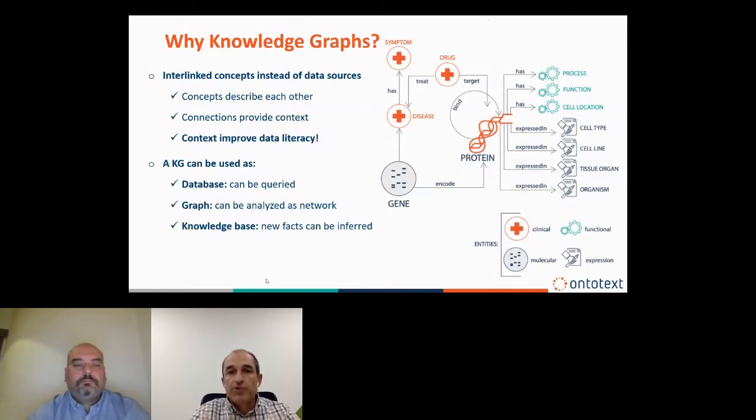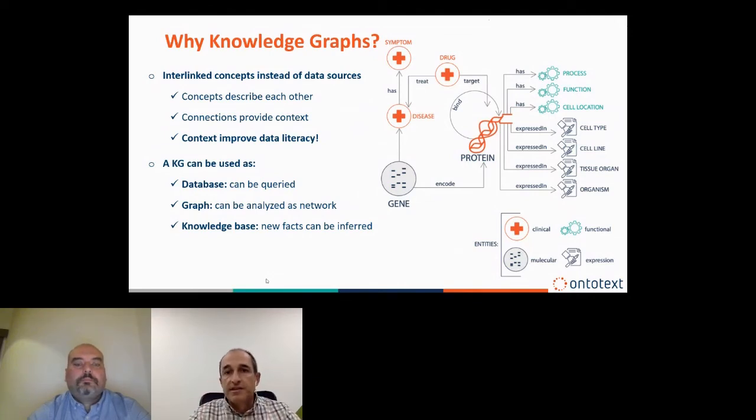Knowledge graphs could be used as a typical graph database that you could query against. They could be used as graphs on top of which you can run various network analytics. And of course, you can use knowledge graphs as reference databases on which you can generate new facts on top of the data that you already ingested.